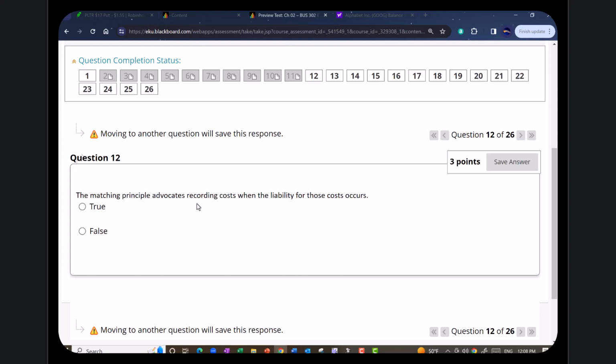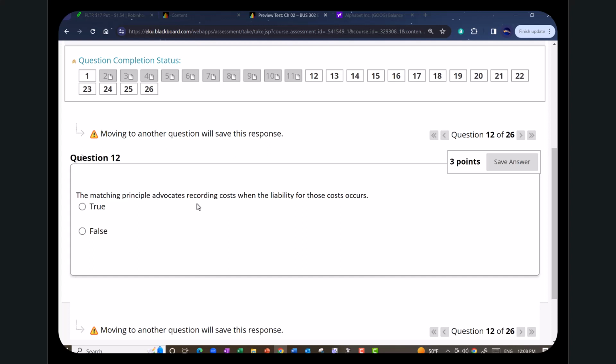Why? First of all, you don't get a liability for a cost. Suppose I purchased raw materials by cash and I used it, it's an expense for production, but I didn't create any liability. If I bought it on credit, yes, I created a liability, but that is not the principle. The matching principle basically says the expenses that you have made, actual or accrual, doesn't matter, in order to produce that revenue.